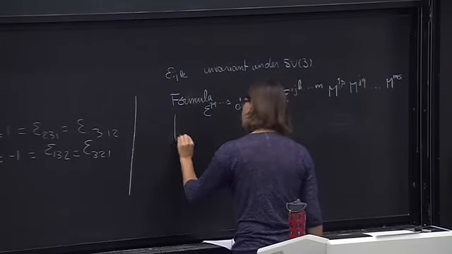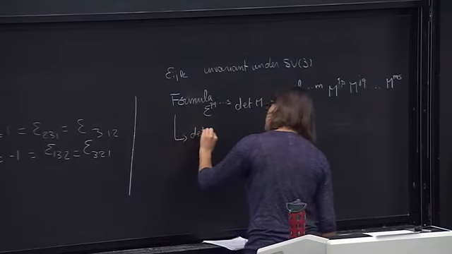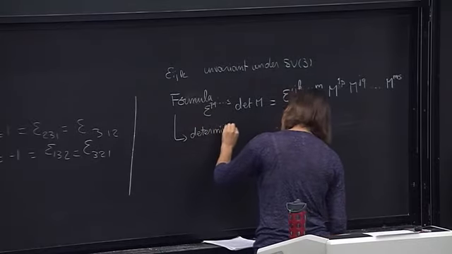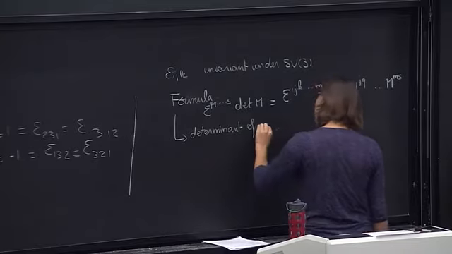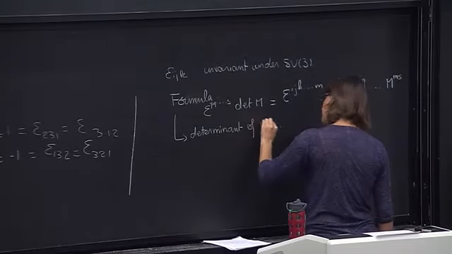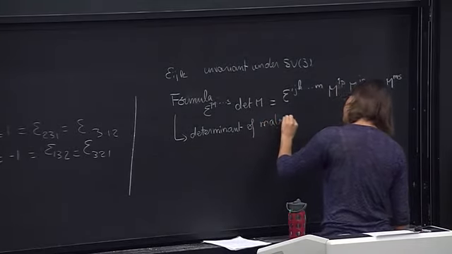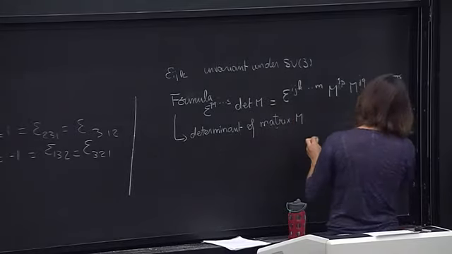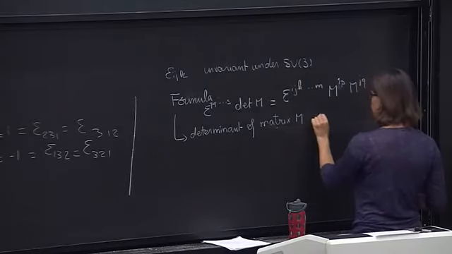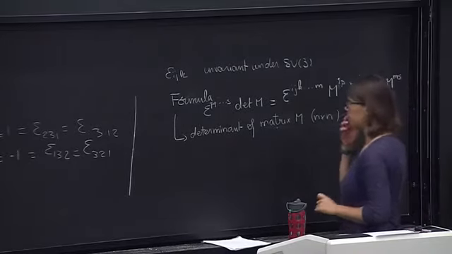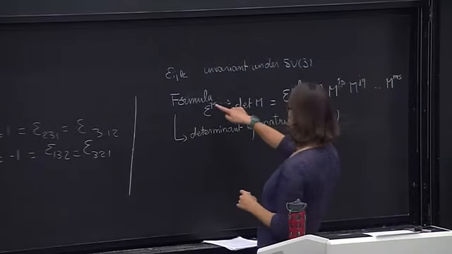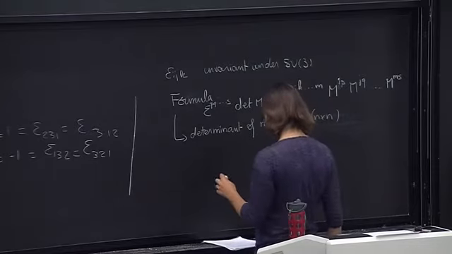This gives you the determinant of a matrix which is here n times n matrix, okay?